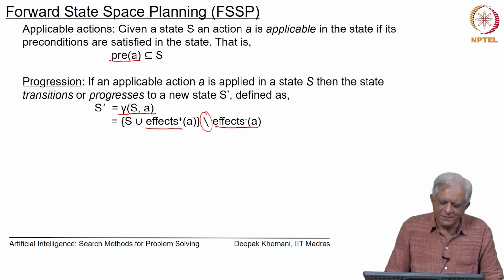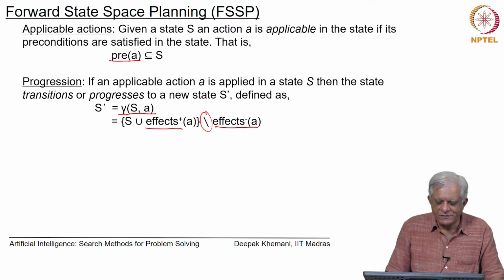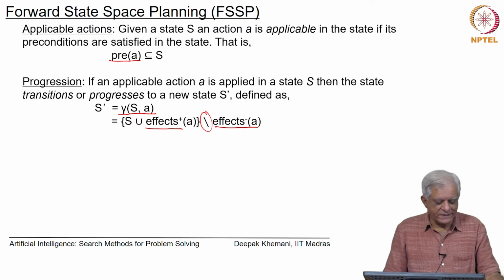You take the set of statements which describe the state S, you add to that the set of statements which are the positive effects of the action, and you remove from the state those statements which are negative effects of the action. Then you have described what it means to say that you have moved from state S to state S prime using that action A, or in other words, you have progressed over the action A.